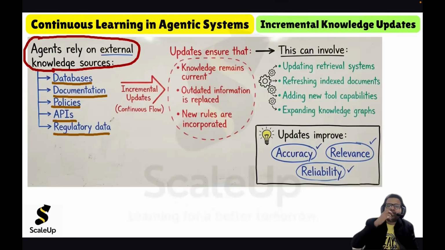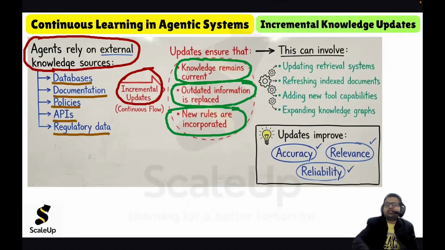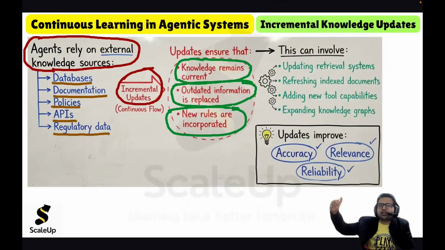So agents rely on external knowledge sources. Now, incremental updates ensure that knowledge remains current. Outdated information is replaced. New rules are incorporated. So the idea is very clear. Incremental knowledge updates means the external knowledge sources which the agent relies on, we have to keep on updating.